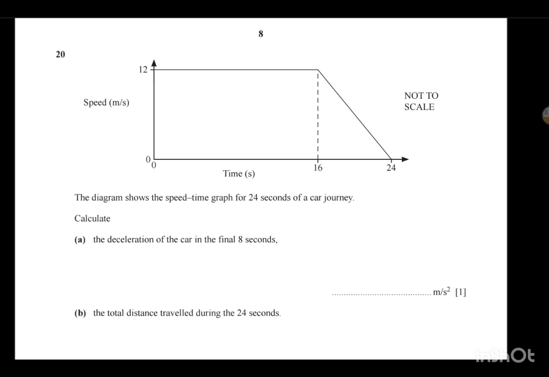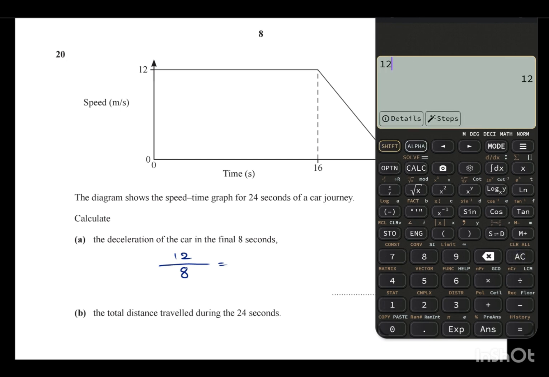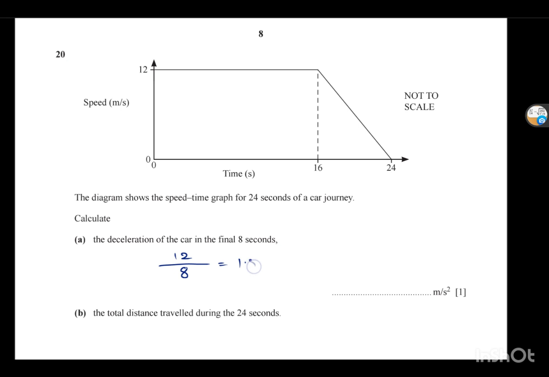So what is the change in speed? From 12 to 0. The change in time is 24 minus 16, so 8 seconds. 12 by 8 is 1.5. 1.5 meters per second squared is the answer.